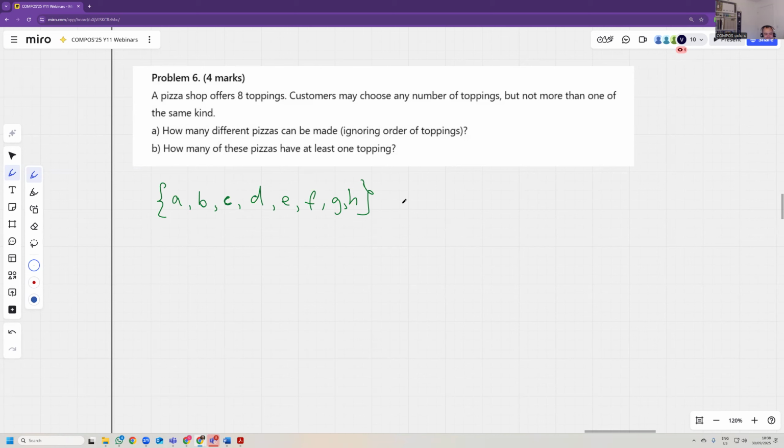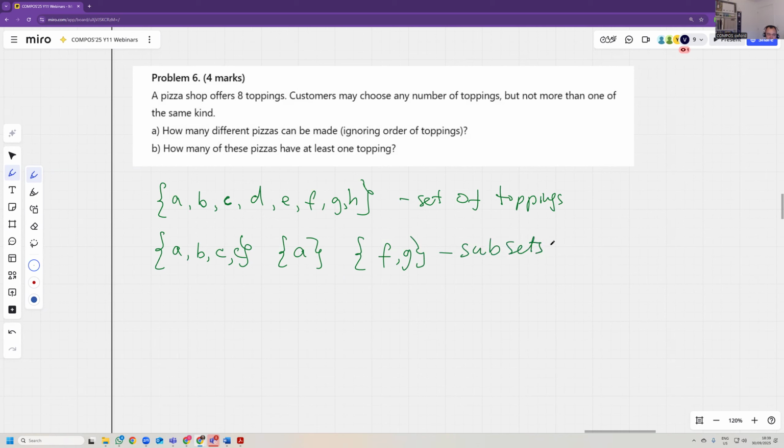A subset is a set of toppings, like A, B, C, or C, D, or A, or F, G. These are called subsets. So the actual question is how many subsets there are. So list all possible subsets effectively.